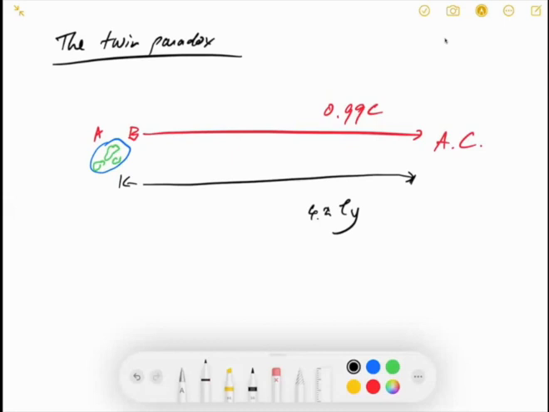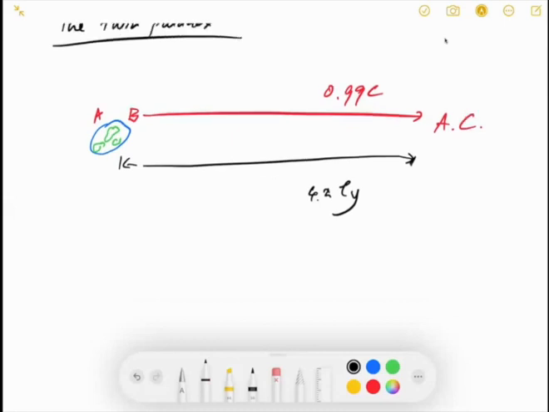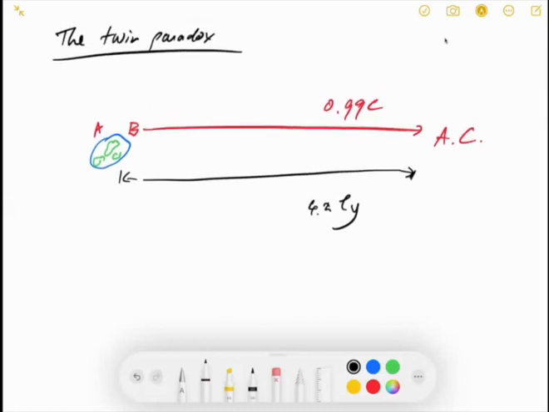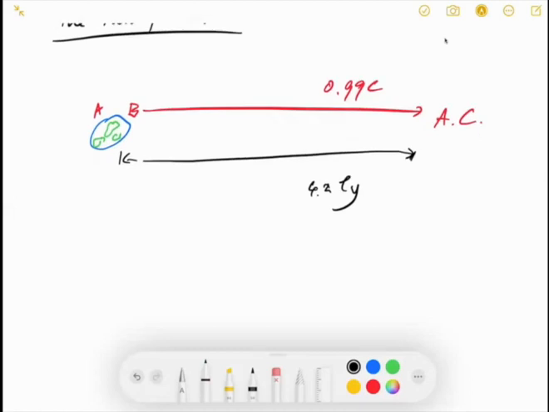And then comes back home and meets up with his or her twin brother or sister, and has not aged nearly as much as the person that stayed on Earth, right? So that's the time dilation paradox.